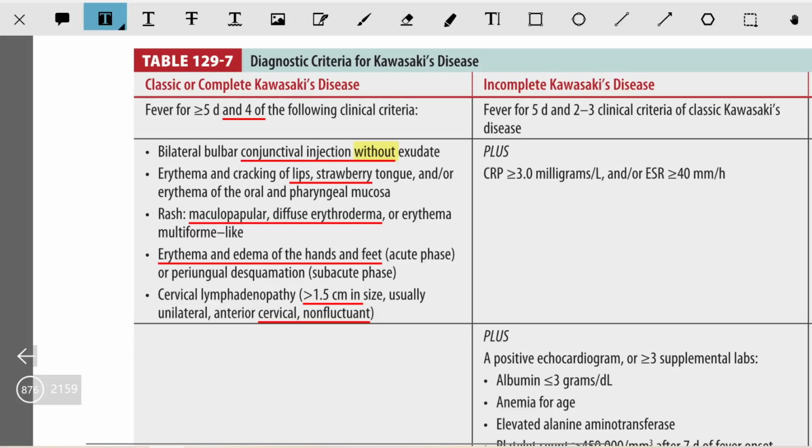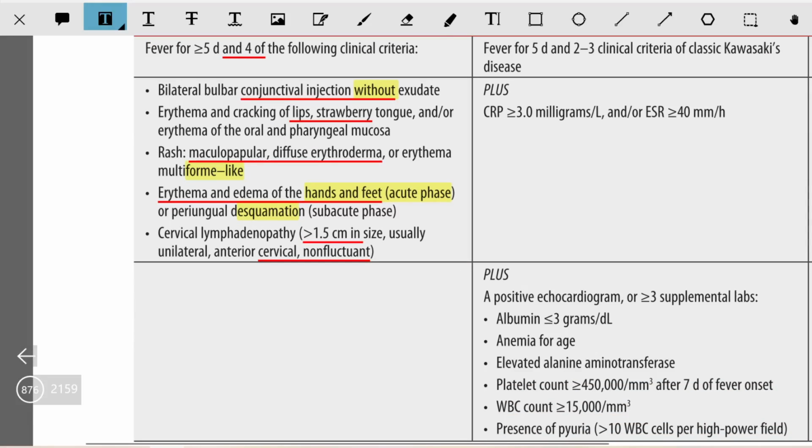Rash will normally be maculopapular; diffuse erythroderma can be seen, or erythema multiforme-like. Erythema and edema of hands and feet can be seen in the acute phase, and periungual desquamation can be seen in the subacute phase. So erythema and edema of the hands and feet are seen in the acute phase, but periungual desquamation is seen in the subacute phase because it spreads to the surrounding tissues.